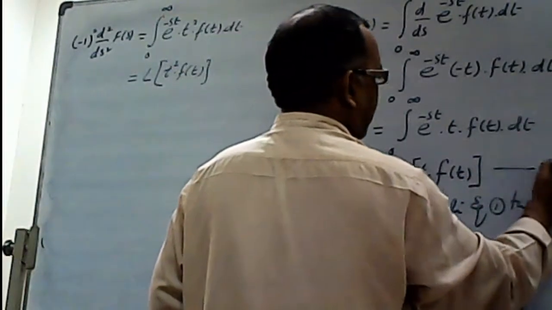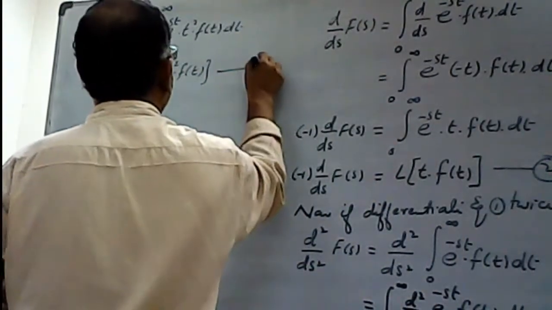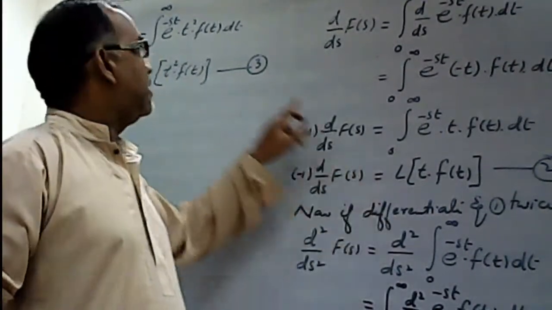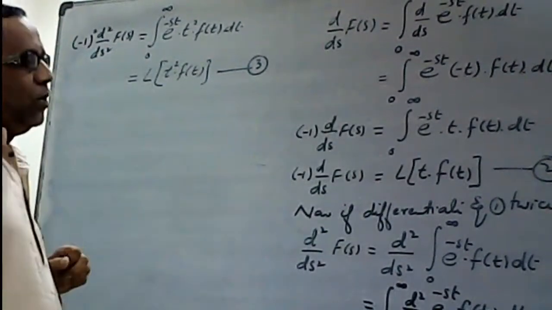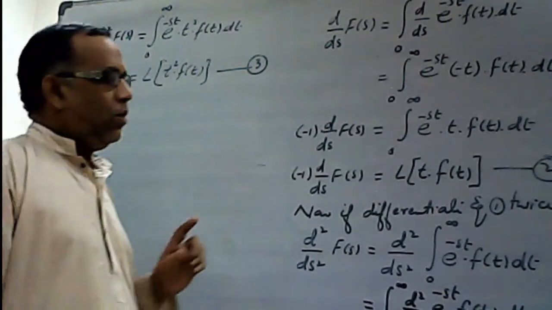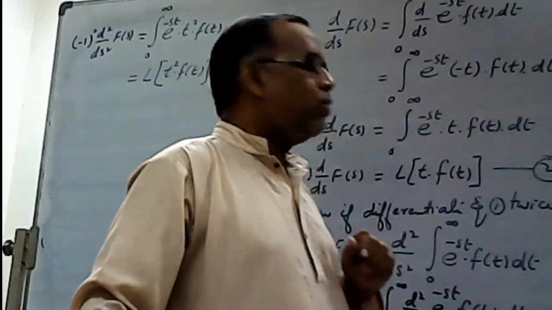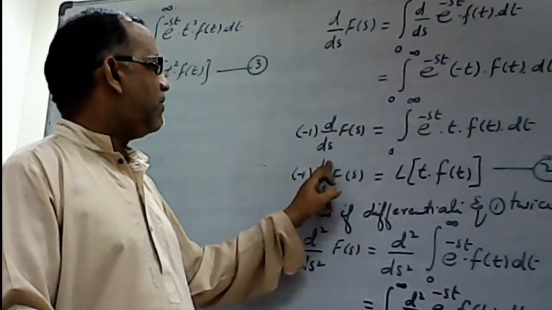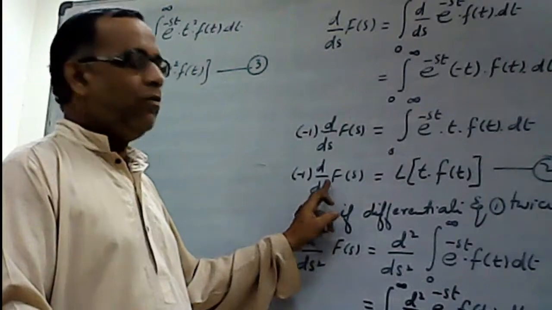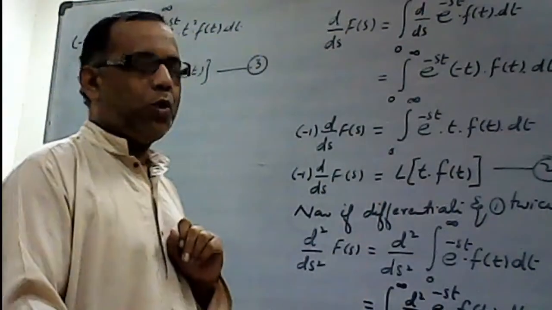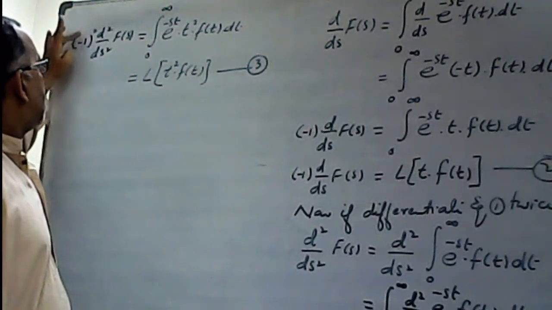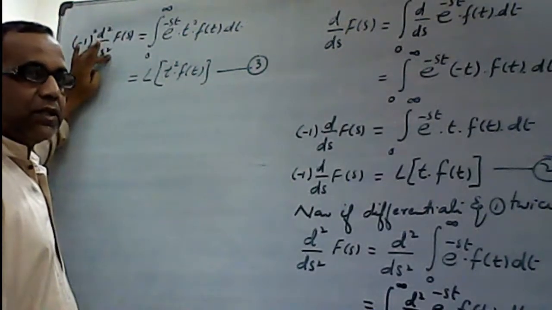Now if you look at equation 2 and equation 3, what we observe is that when we differentiated equation 1 once, we have t power 1, minus 1 power 1, and the first order derivative. When we differentiated equation 1 twice, we find that we have t square, minus 1 power 2, and d2 upon ds square.